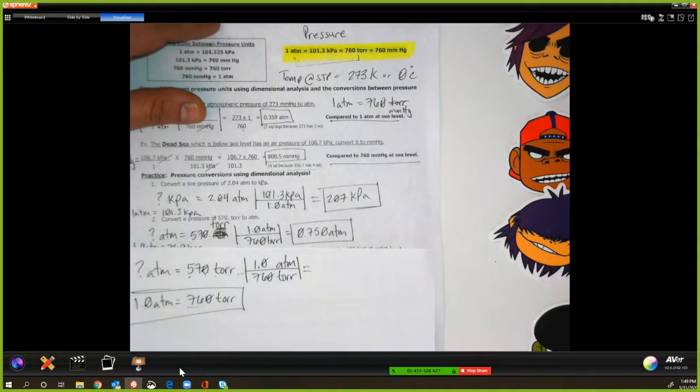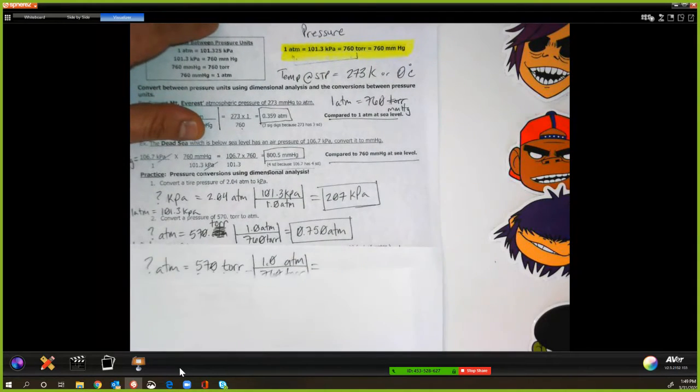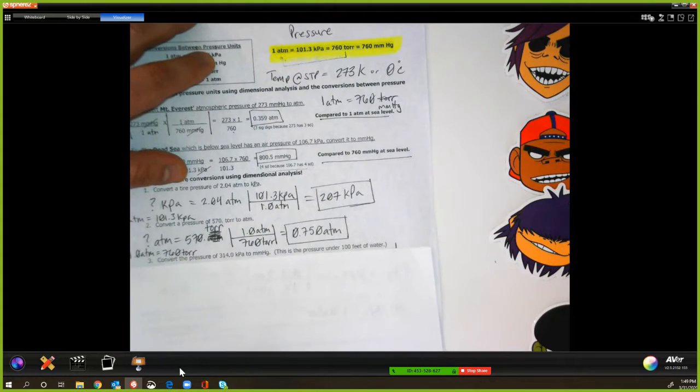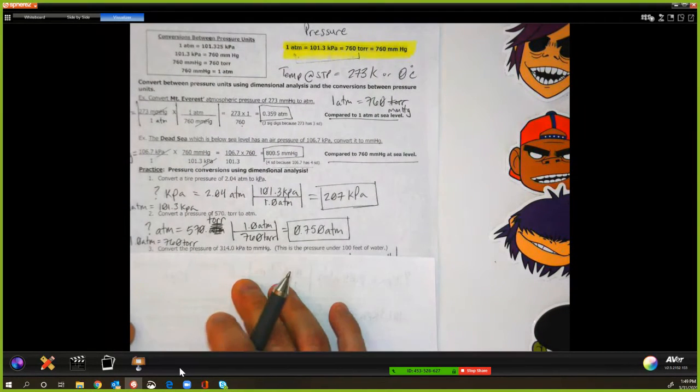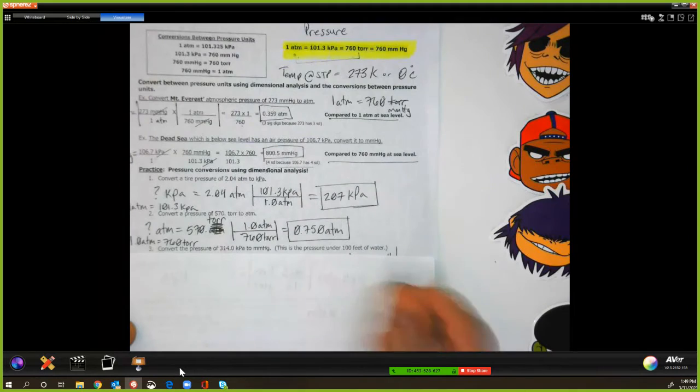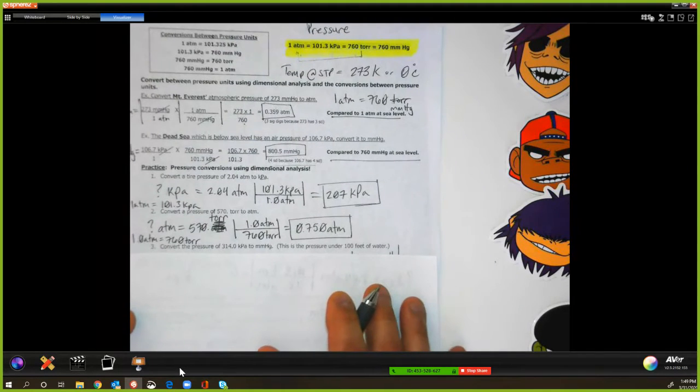And then I can use the other side of this. All right, convert a pressure of 314 kilopascals to millimeters of mercury. So this is a pressure under 100 feet of water. Very good.